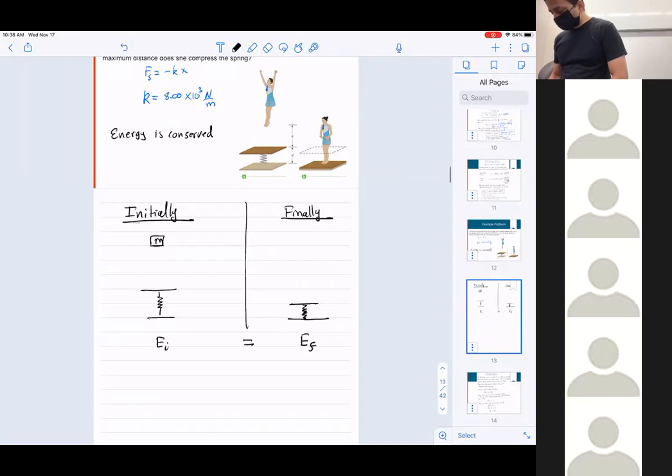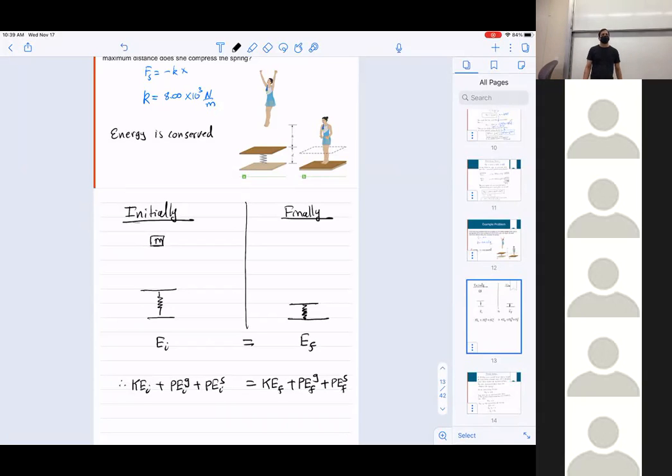So therefore, the initial kinetic energy plus the initial gravitational potential energy plus the initial spring potential energy has to equal the final kinetic energy plus the final gravitational potential energy plus the final spring potential energy. Any questions on that?